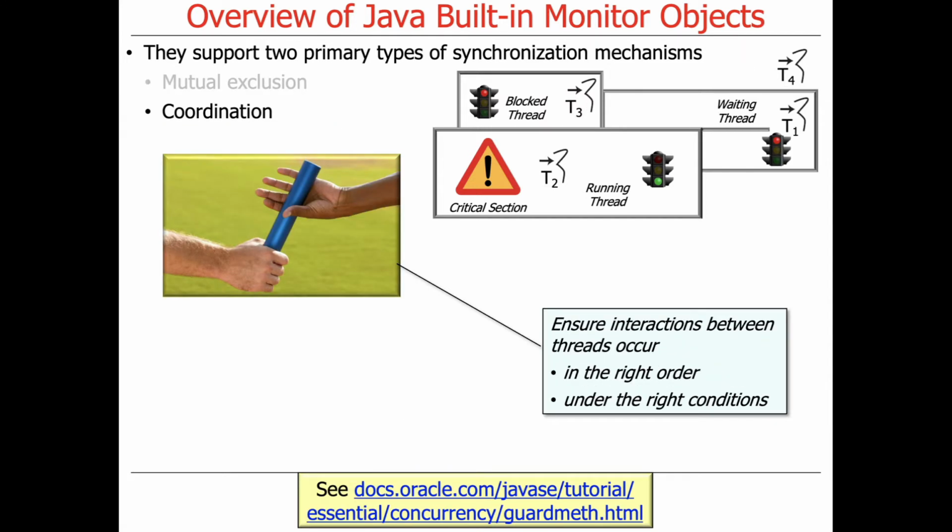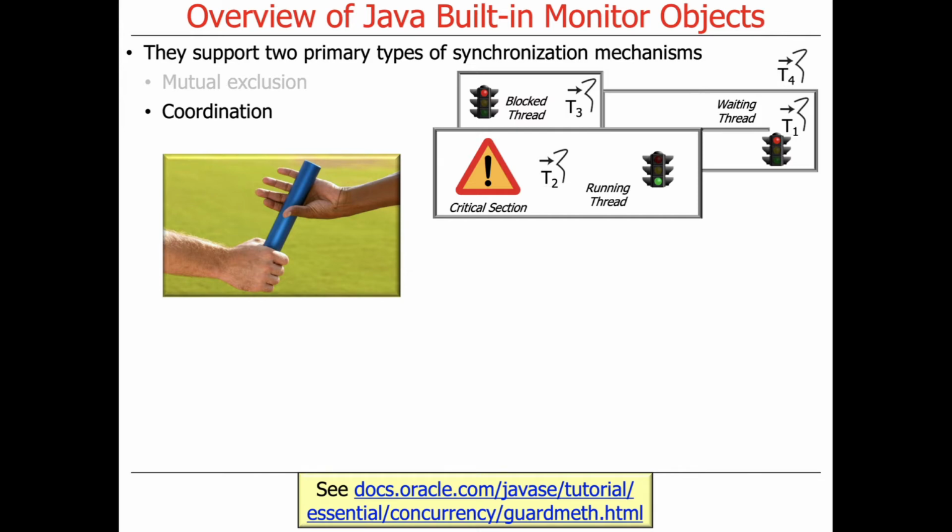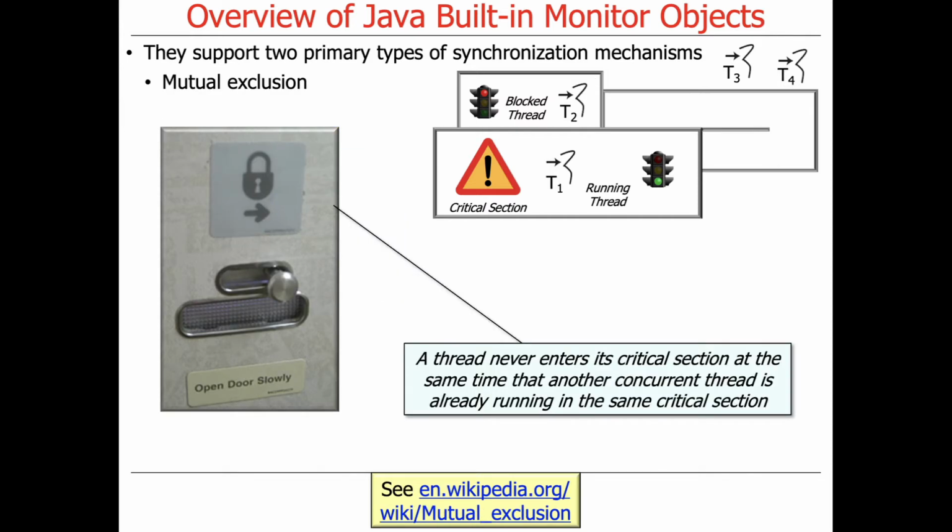And the second synchronization mechanism that's supported by Java built-in monitor objects is coordination. This ensures that interactions between threads occur in the right order and under the right conditions. And so we'll get a chance to see how that all works. You might also think in the back of your head, gosh, mutual exclusion, that sounds a lot like reentrant lock.